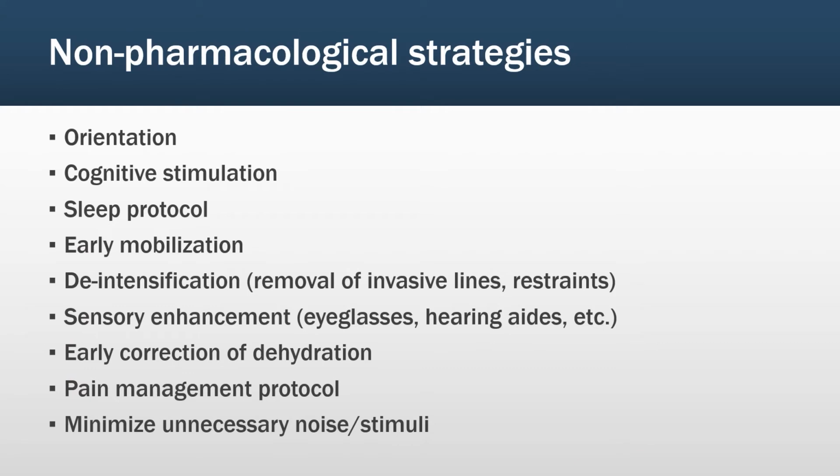So let's talk about some of the non-pharmacological strategies. So, orientation. It's really important that the patient remain oriented to person, place, and time. Some of the methods of trying to improve this have been having a whiteboard or some sort of indication of what time it is, what month it is, who's taking care of the patient, so maybe the names of the nurse and the physician and the respiratory therapist and other healthcare providers, having family available to talk with the patient to keep them oriented to their loved ones.